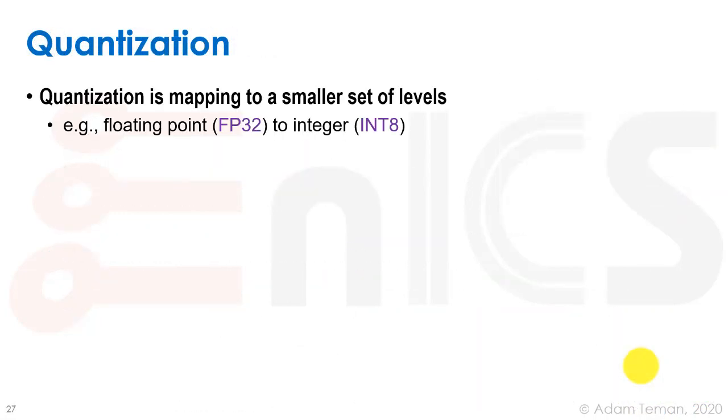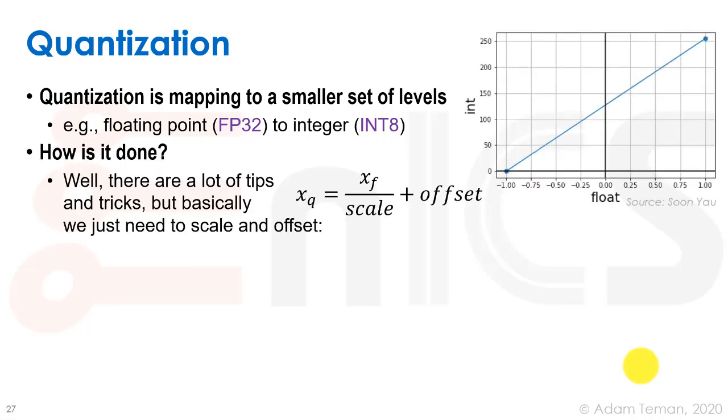Quantization is a further level of this, where instead of just changing the precision, we're actually mapping to a smaller set of levels. So floating point, which is trying to represent real numbers, is mapped to something like an int8, which is a quantized representation with a much more reduced number of levels. How is it done? It's actually quite straightforward.